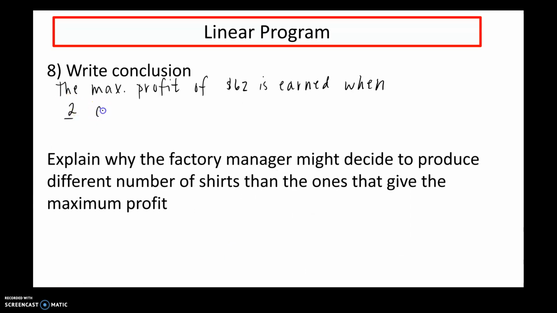So when 2 circular and 8 rectangular rugs are made.